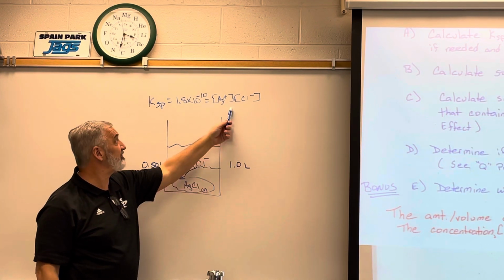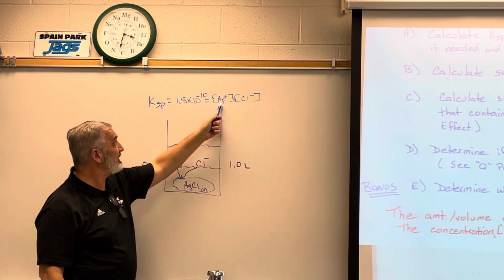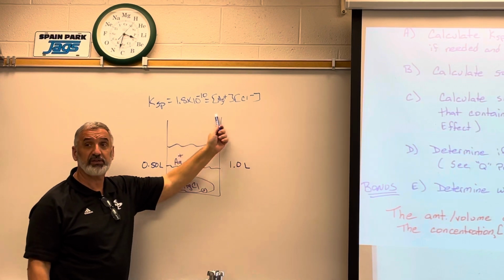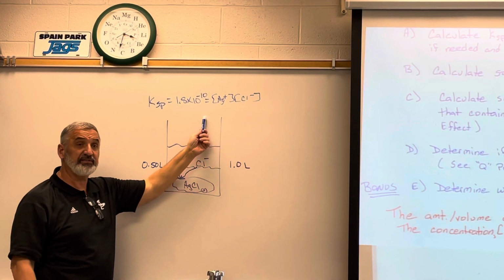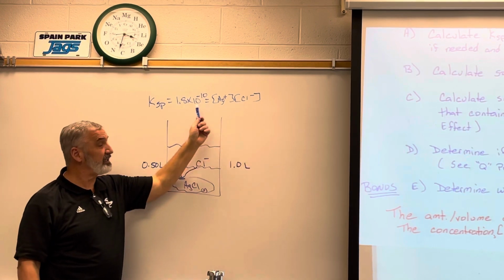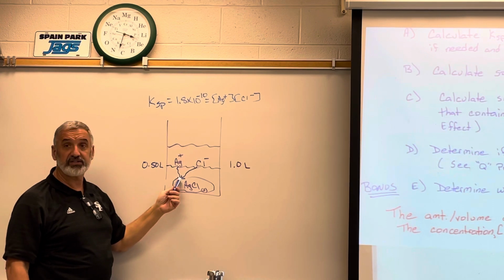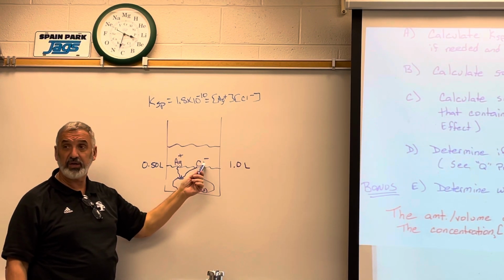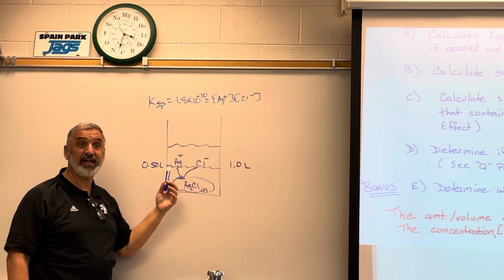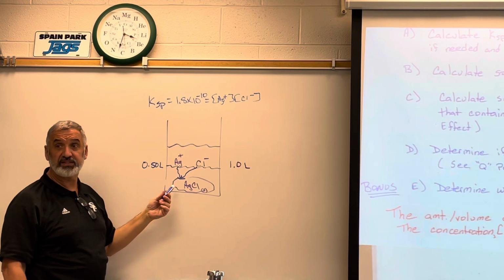So the reaction is going to have to shift left, because they can't exceed this number. They're going to keep shifting left until this times this gets back to equaling that, which is going to be the same concentration as it was at 1 liter. Now, there'll be fewer Ag plus and Cl minus ions actually in solution, but the concentration will be the same.